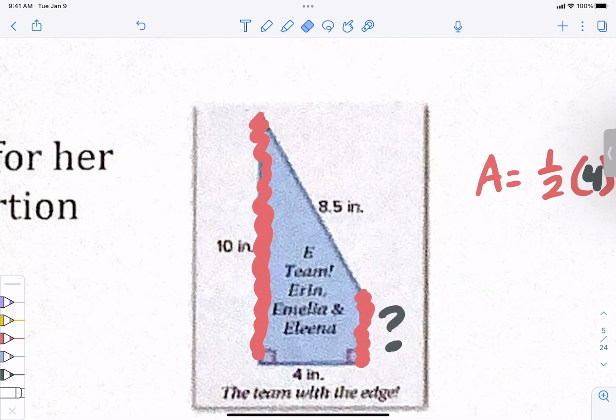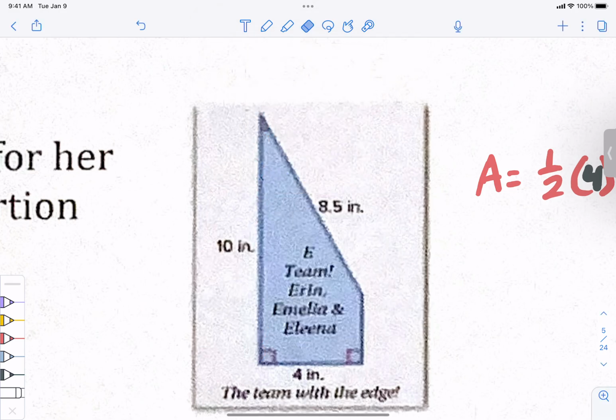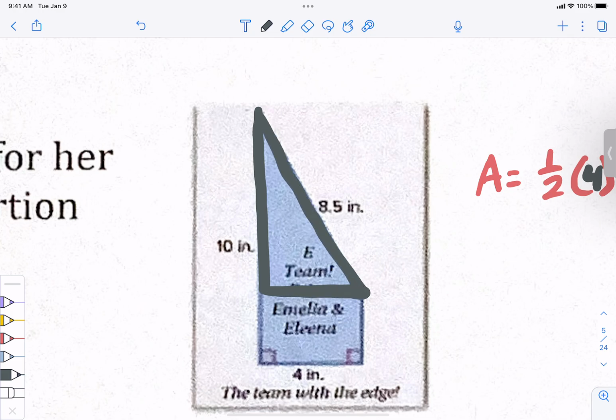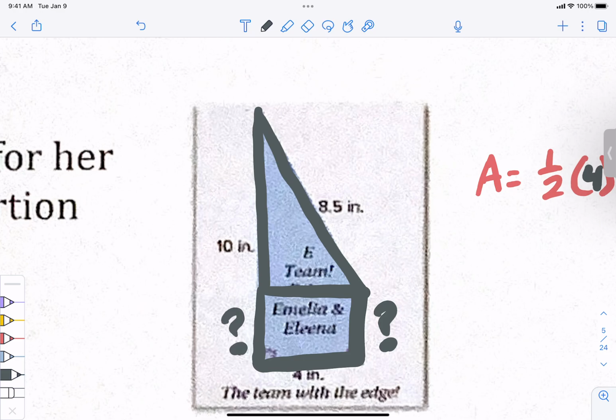You have to watch this because it's a little bit far-fetched and kind of confusing. Do you see this triangle right here? I'm going to separate the triangle from the little rectangle on the bottom. We're trying to find this side, which is the same as this side. If we knew what this was, we could subtract it from 10 to find this, which ultimately gives us that.